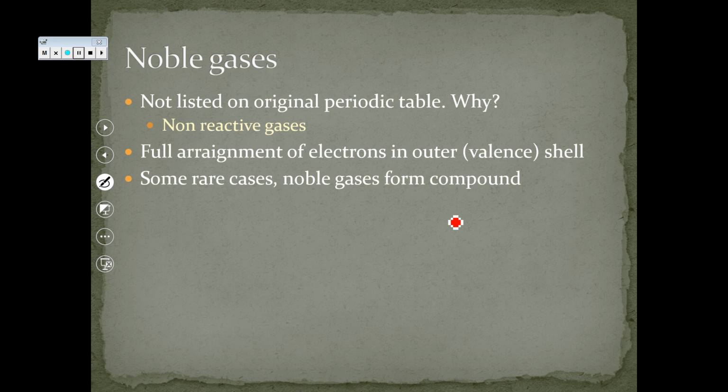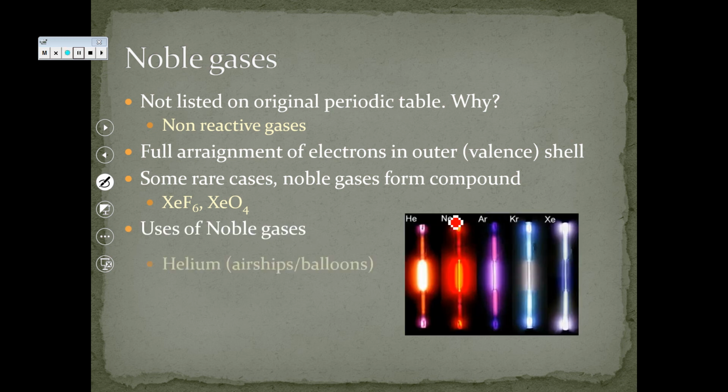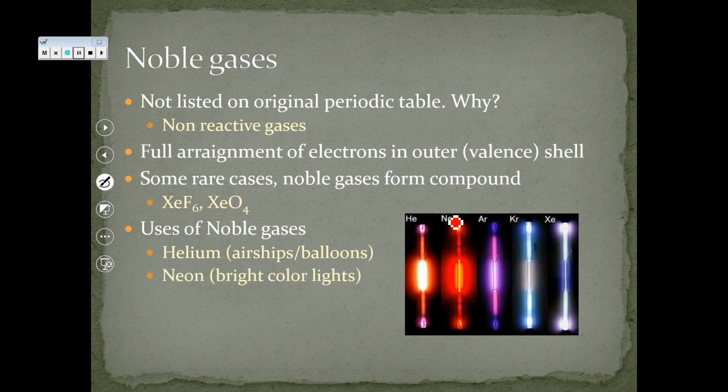In some rare cases, noble gases can form compounds, such as XeF6 and XeO4. Uses of noble gases: helium is used in airships and balloons. Neon is used to color lights. Argon is used to fill light bulbs. Krypton is used to destroy Superman.